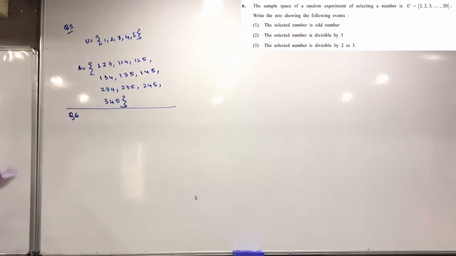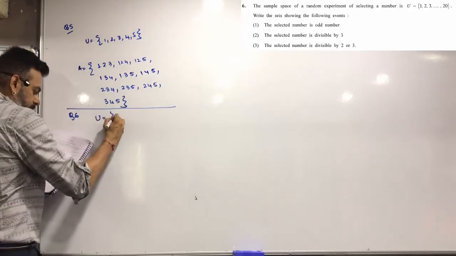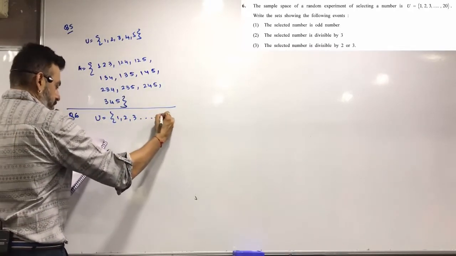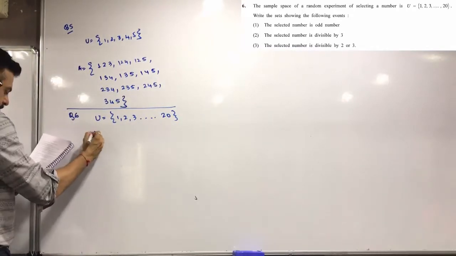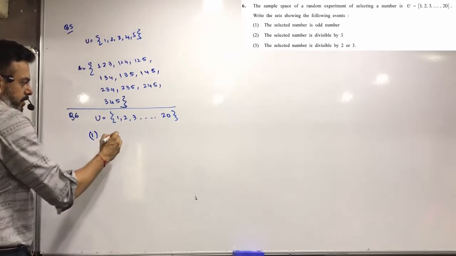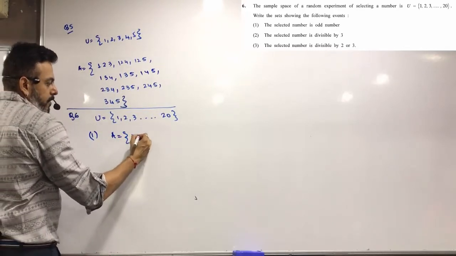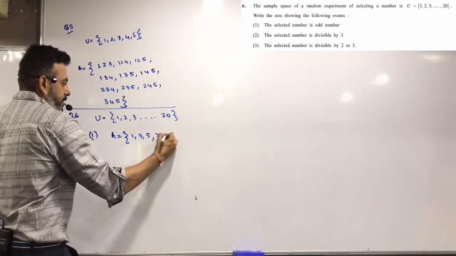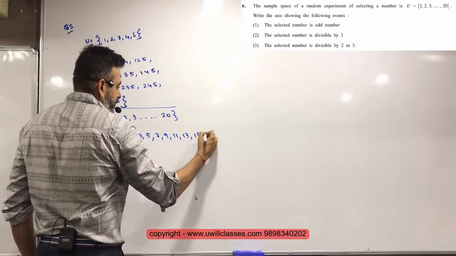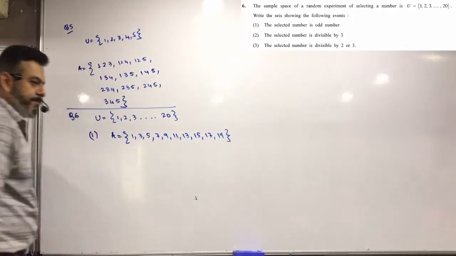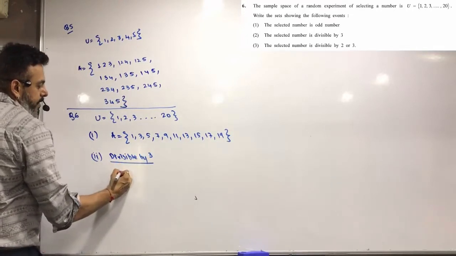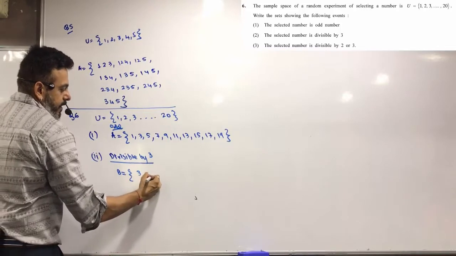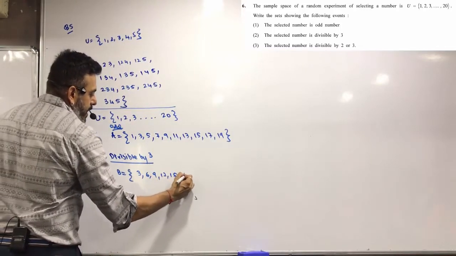Question number 6. The sample space of random experiment of selecting a number U is equal to 1, 2, 3 up to 20. Write the set showing the following events. First, selected number is an odd number. So A is equal to, what is odd? 1, 3, 5, 7, 9, 11, 13, 15, 17 and 19. B, divisible by 3. So B is equal to 3, 6, 9, 12, 15 and 18.